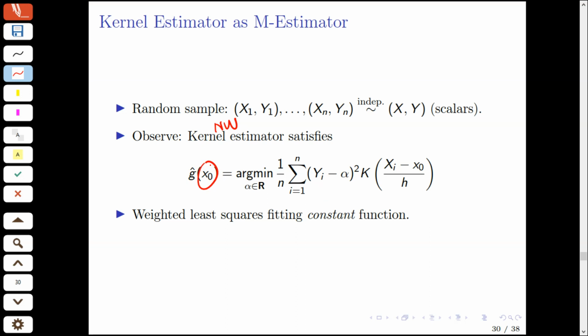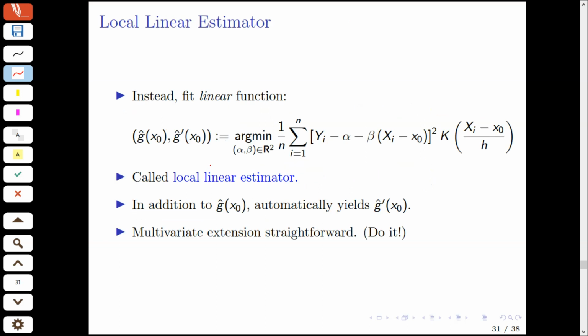So the kernel estimator, or nonparametric estimator, actually arises as the solution to a weighted least squares problem, where we're fitting a constant function. Now one may ask, well, why would we fit a constant function when we could also fit, say, a polynomial of some sort? For example, we could fit a linear function instead.